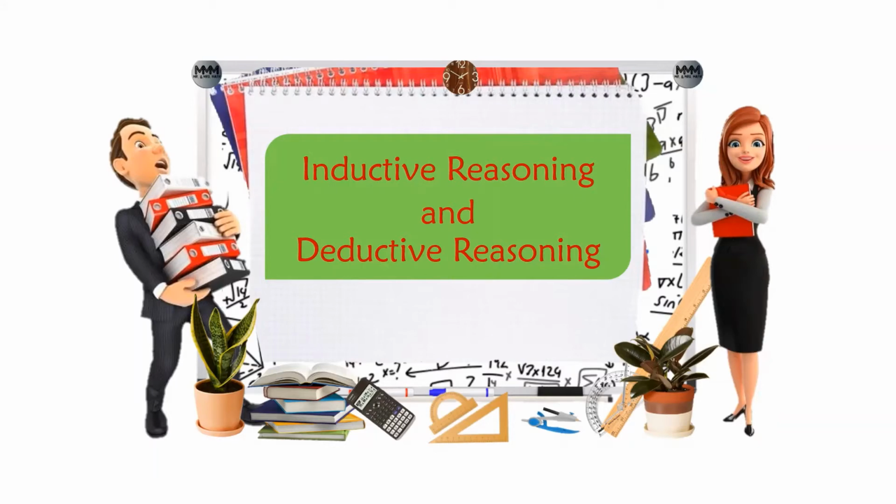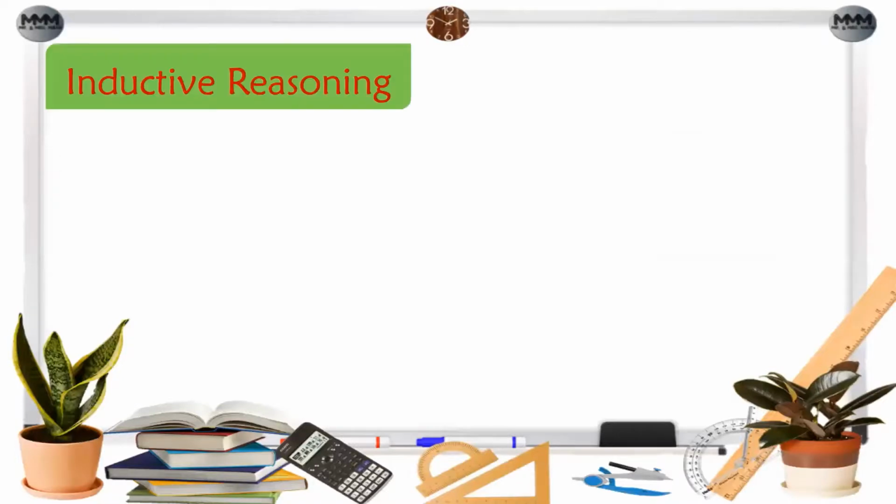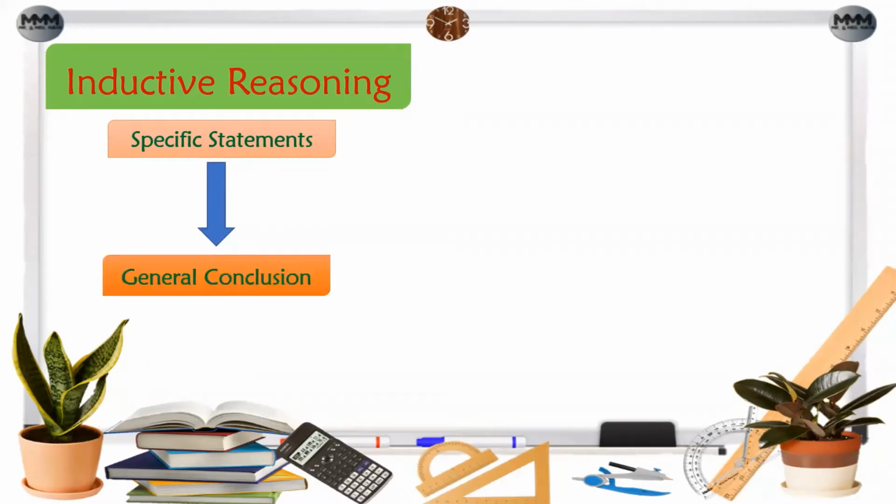In this video, I'm going to discuss inductive reasoning and deductive reasoning. Now, what is inductive reasoning? It is based from specific statements to arrive at a general conclusion. So, from specific to general.